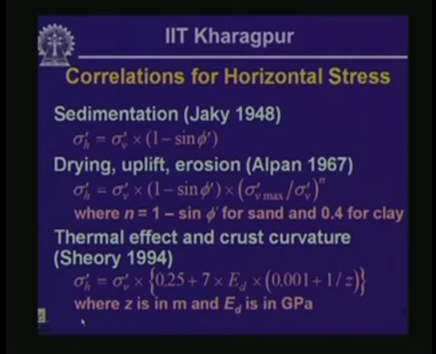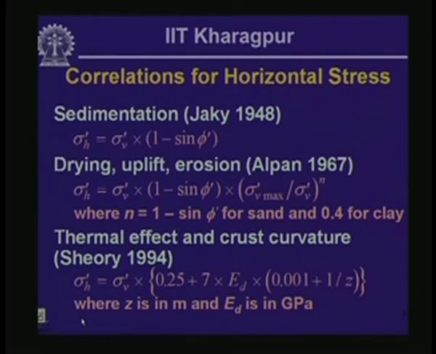Okay, then if we consider thermal effect and the curvature of the crust, Shorey in 1994 gave this expression: sigma h prime is equal to sigma v prime multiplied by 0.25 plus 7 times ED multiplied by 0.001 plus 1 by z.